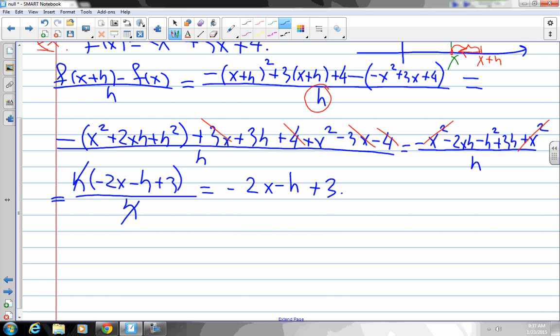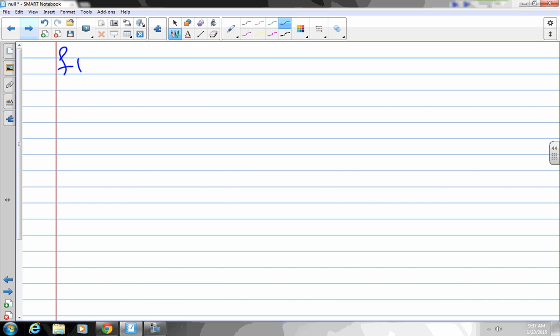Okay, this is a fun one. f of x equals 3 over 2x plus 1. We always like to do the rational functions, but again, I want to find the difference quotient. So we'll do f of x plus h minus f of x over h.